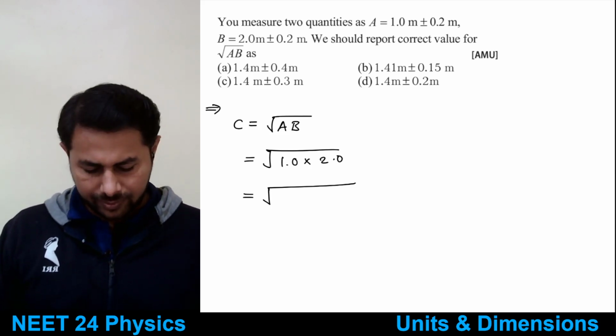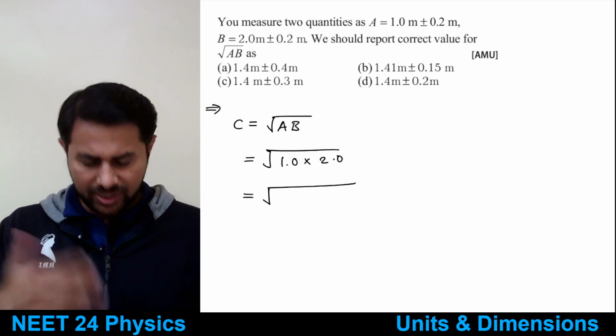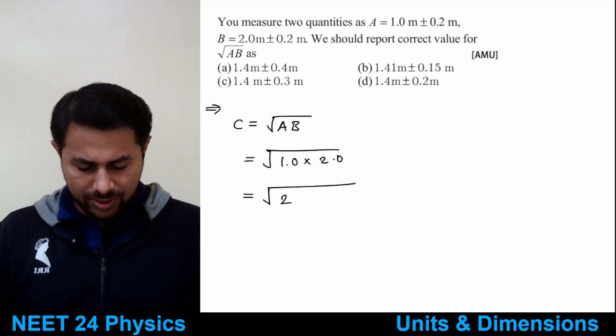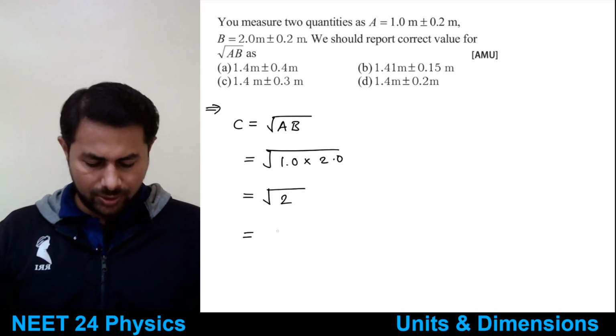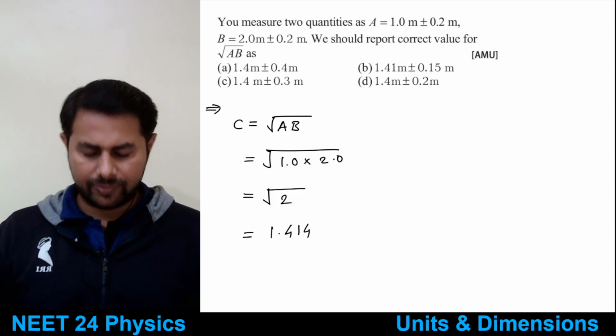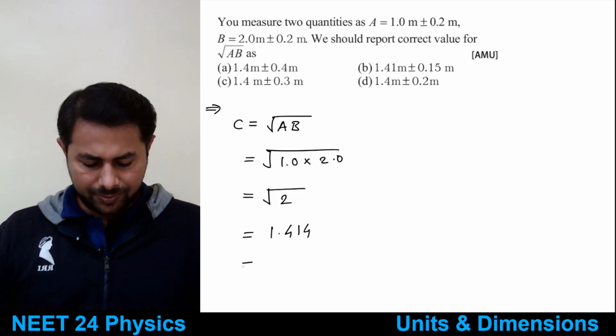2.00, right? But you are taking square root, so it's just square root of 2. So what will be the square root of 2? I told you to remember that, 1.414, right? That is the square root of 2.